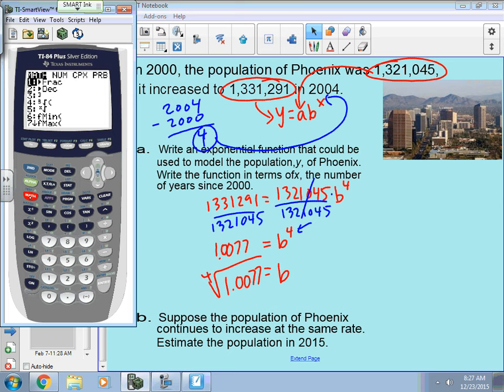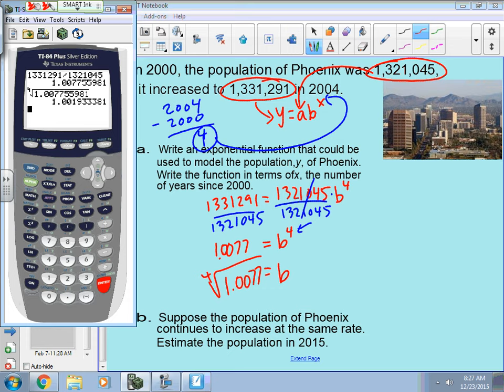Then wherever you have your x root on your calculator, that's what you're going to do next. So it takes the 4th root and then type that number, 1.007. Now try to be as close as possible. The more numbers you type in here, the closer your value is going to be to what we want. I'm going to put them all in there. So it looks like our b value on this one is 1.0019.